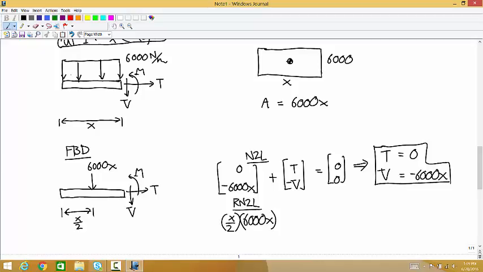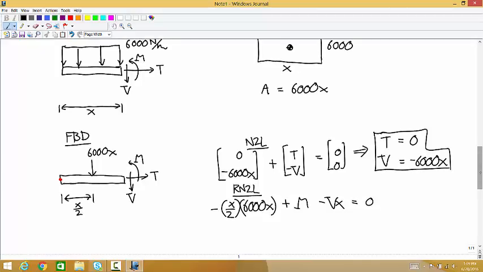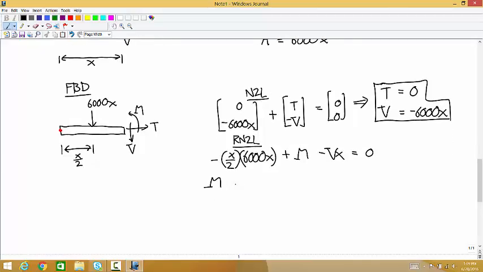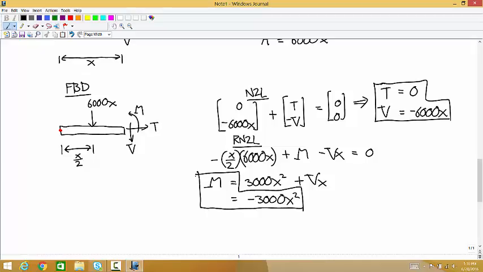And that would cause a clockwise rotation around that point, so it's negative. And then plus m minus vx equals 0. So m is equal to 3,000x squared plus vx, which is negative 3,000x squared. Okay, that's the first cut.